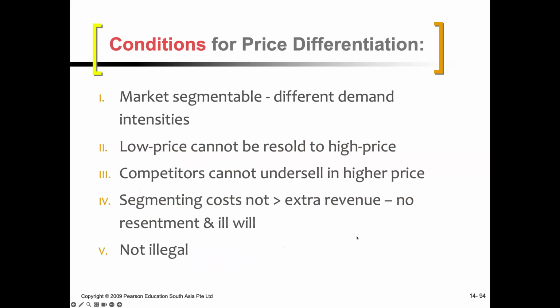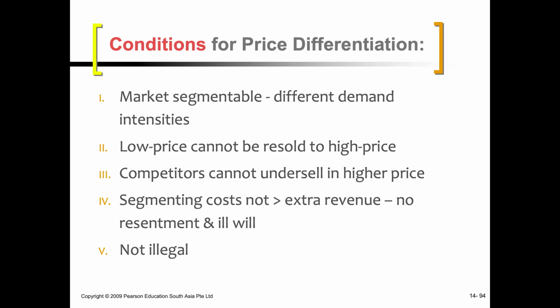Some conditions that you should consider. First, the market must be segmentable, with different demand intensities. Low-priced buyers cannot resell to high-priced buyers. It is actually a one-way strategy: you can set a high price and then go lower, but you cannot set a low price and then increase it.